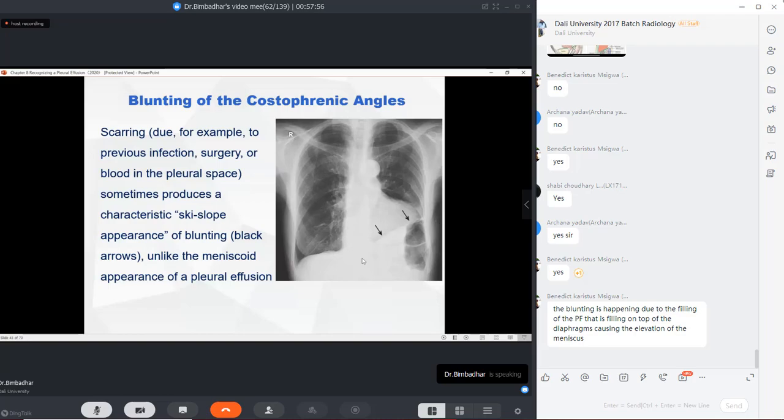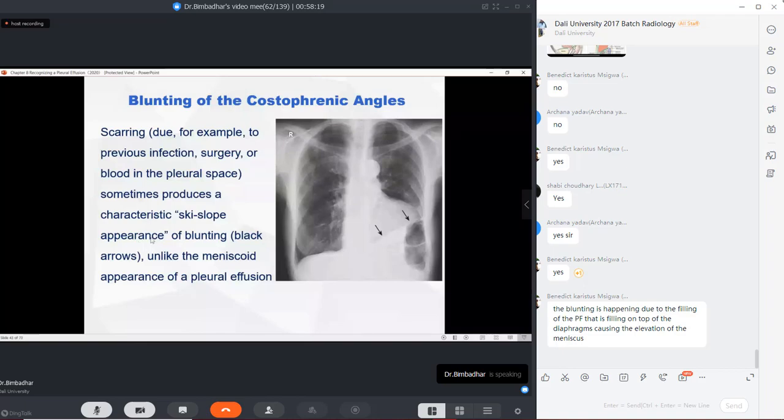There is an atelectasis and also accumulation of the pleural fluid. Unlike the meniscus sign, there is another sign that is called the ski slope appearance.